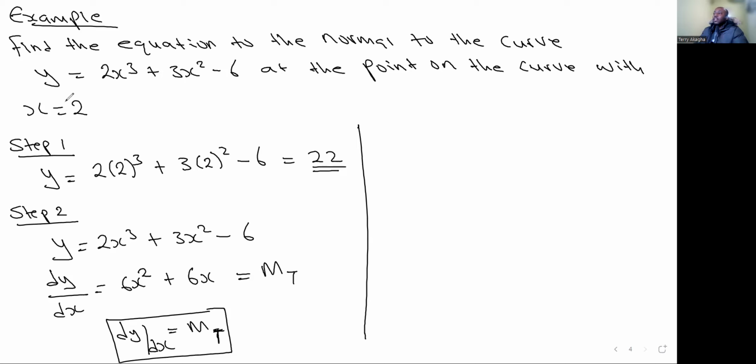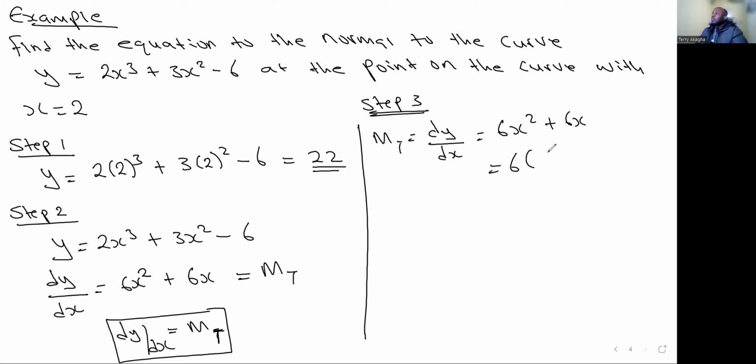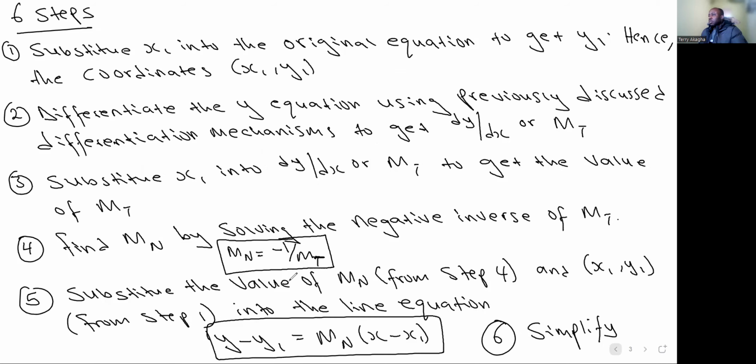We're going to substitute x equal to 2 into 6x squared plus 6x. Anywhere I see x, I substitute it with 2, and when you press your calculator for this, mt is going to give you 36. But we're not looking for mt, we need mn.